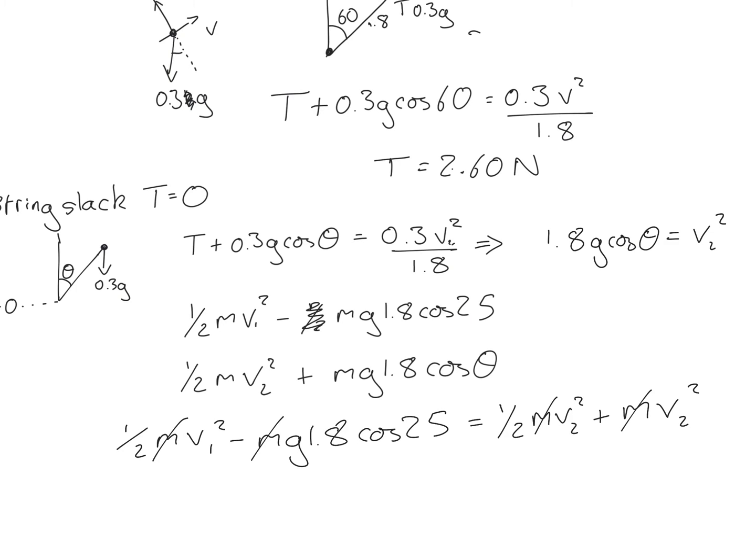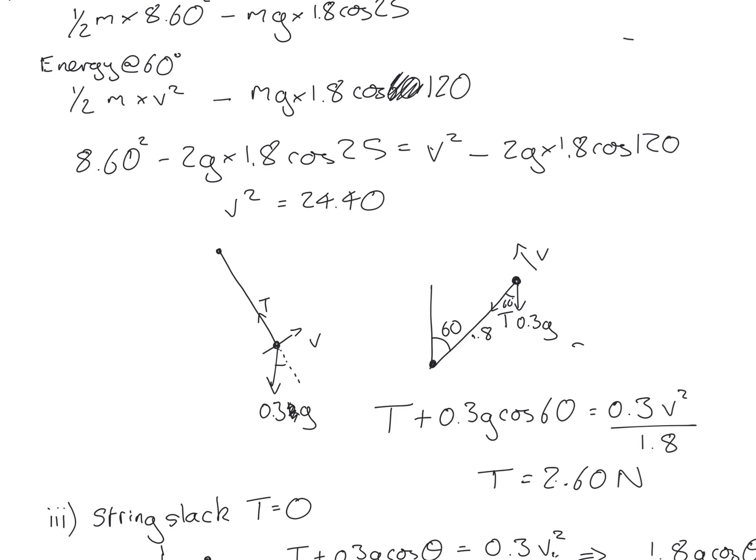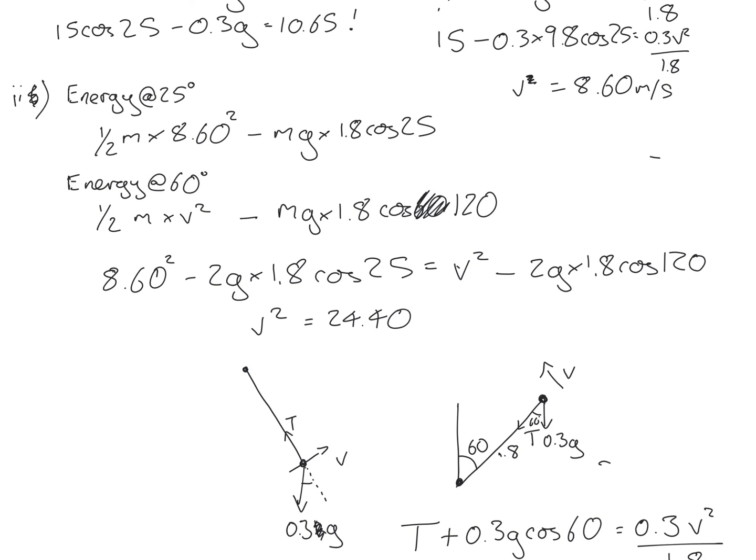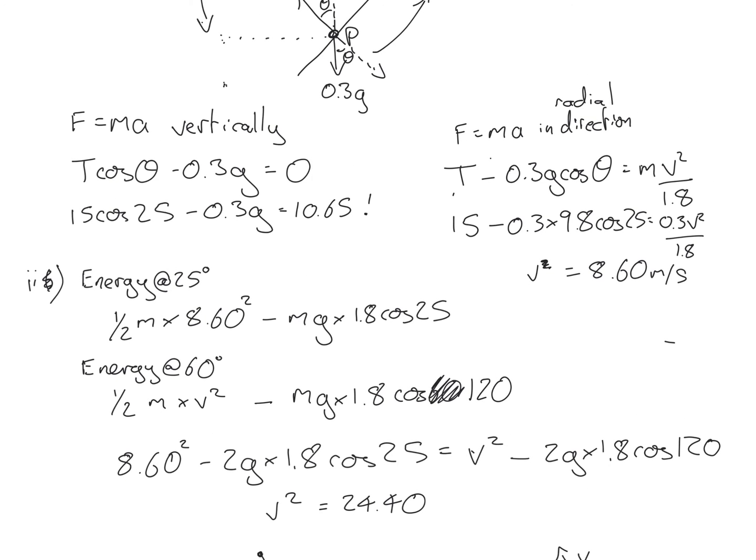Okay, the m's all go. And I've actually got 3 over 2 v2 squared equals half v1 squared minus 9.8 cos 25. Let's go back and have a look at v1, that was the speed at the start.